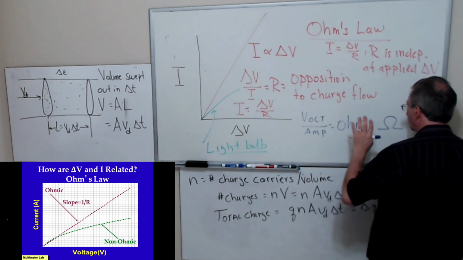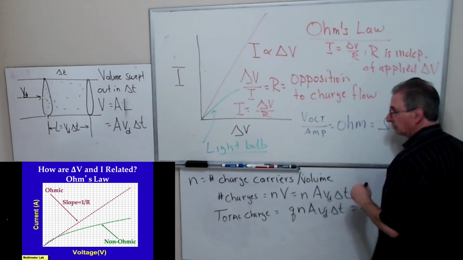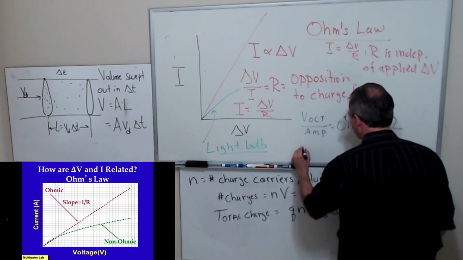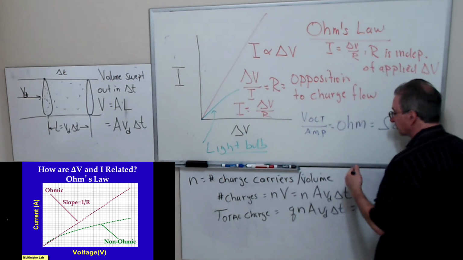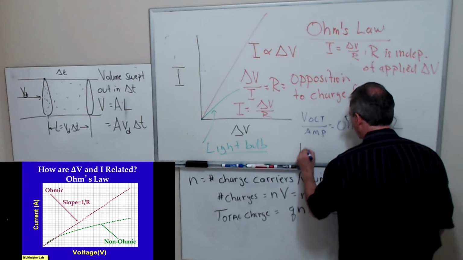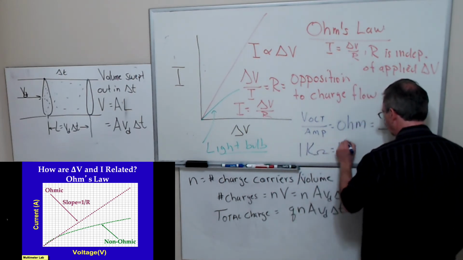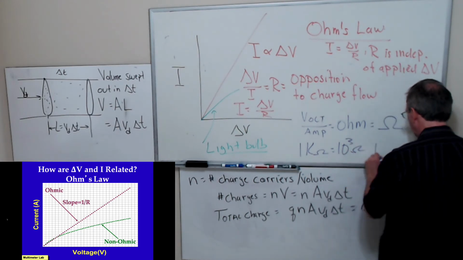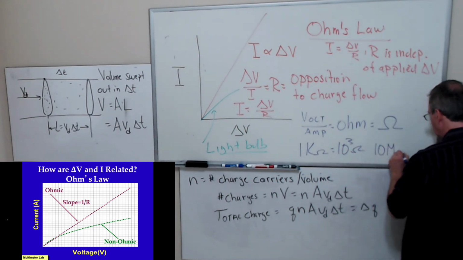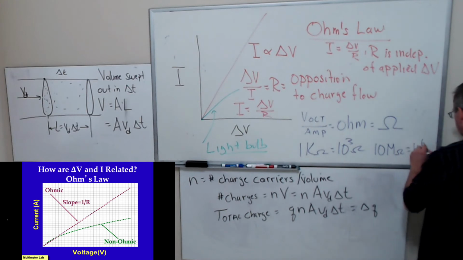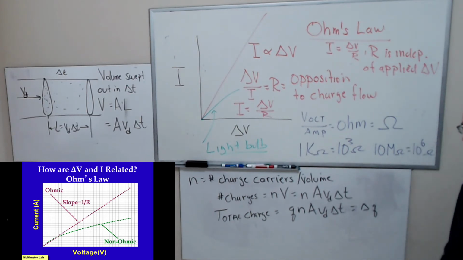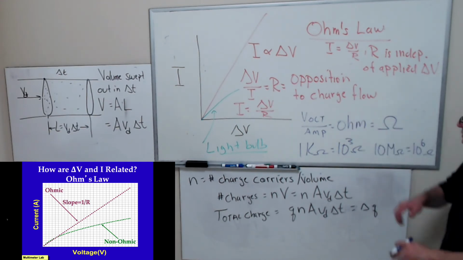Now, the ohm is actually kind of a small unit. So a lot of times we work in thousands or millions of ohms. So we define 1 kilo ohm as 10 to the 3 ohms, 1 mega ohm as 10 to the 6 ohms. And again, this is just an opposition to a charge flow.